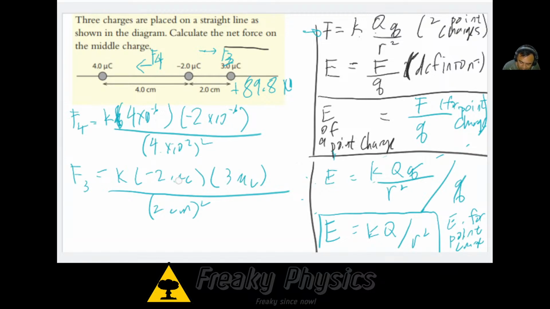Similarly here, minus 6, minus 6, minus 2, and our k is 9 times 10 to the 9. Again, I'm just using 9 times 10 to the 9 to make it easier. If you use 8.99, that's also fine.